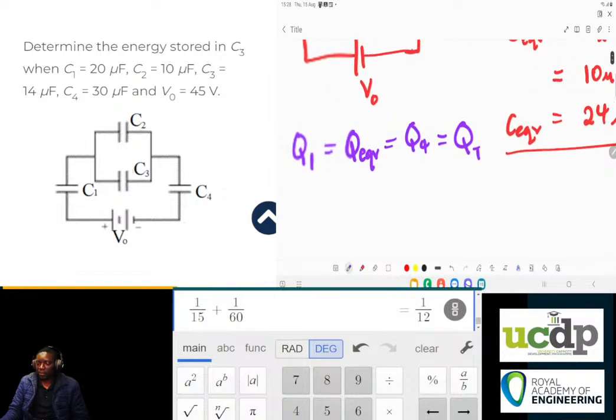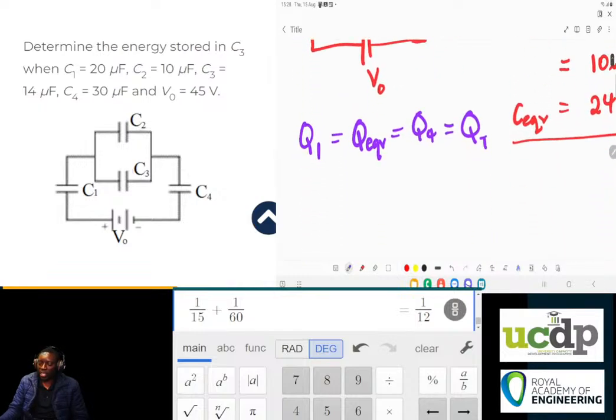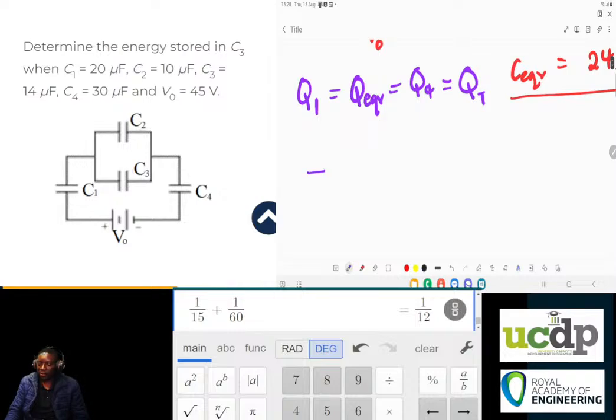You get the sense? Why? Because the current that leaves a charge at C1 leaves the same charge at the equivalent capacitance, and the same charge at C4. So ideally, if you have one capacitor and we connect another capacitor across it, if the charge was Q here, remember when we are charging, we deposit positive charges there, negative charges there.